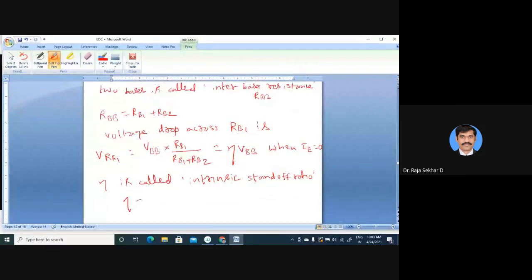Eta is equal to RB1 by RB1 plus RB2, which is also equal to RB1 by RBB.